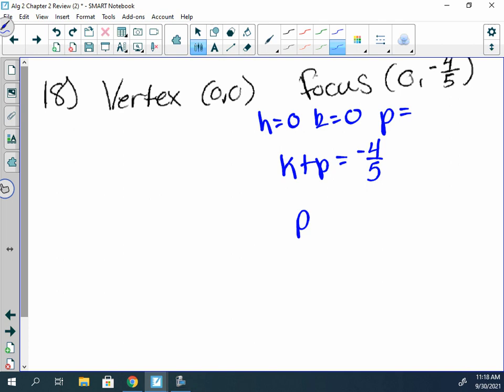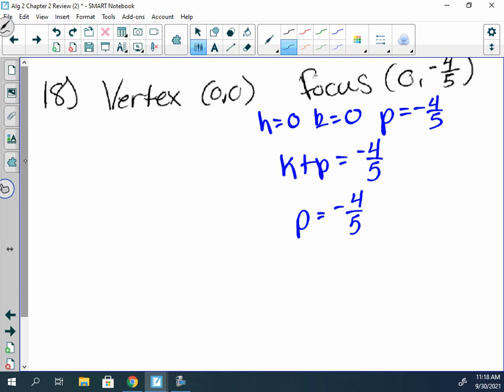So that's really just telling us p is negative 4/5. Now, since we had 0, negative 4/5, going from vertex to focus, 0, 0, well, the y value changes from the vertex to the focus.